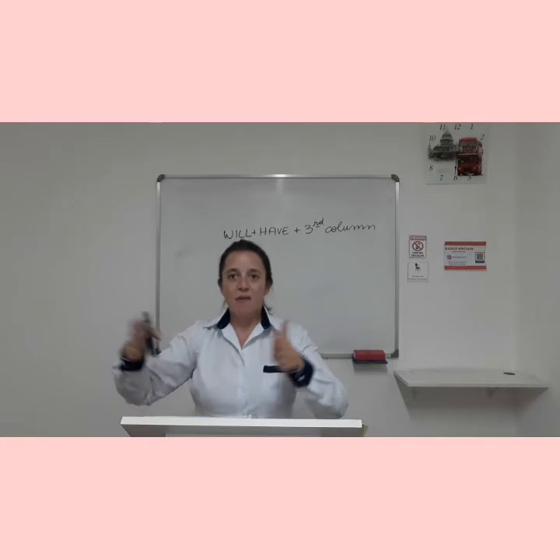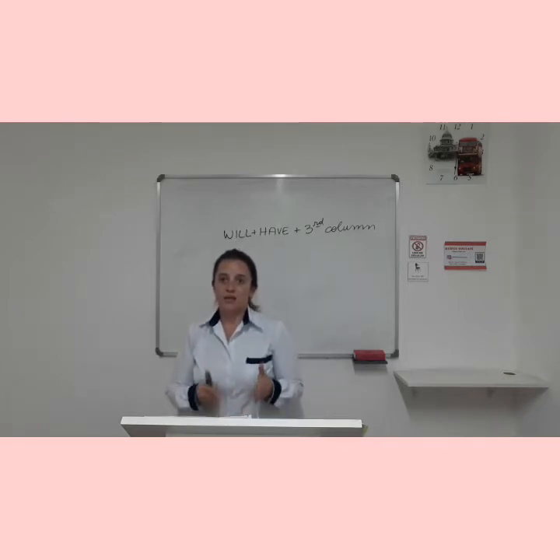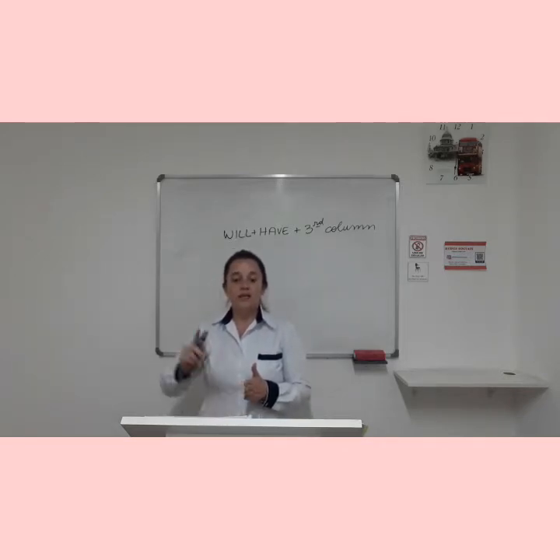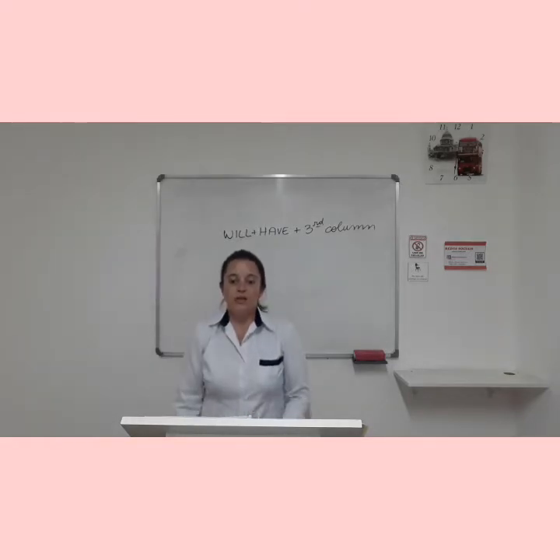This will be happening in this period of time, okay? So, we use the future perfect tense to show that an action will happen at some time between now and a time in the future. Okay?